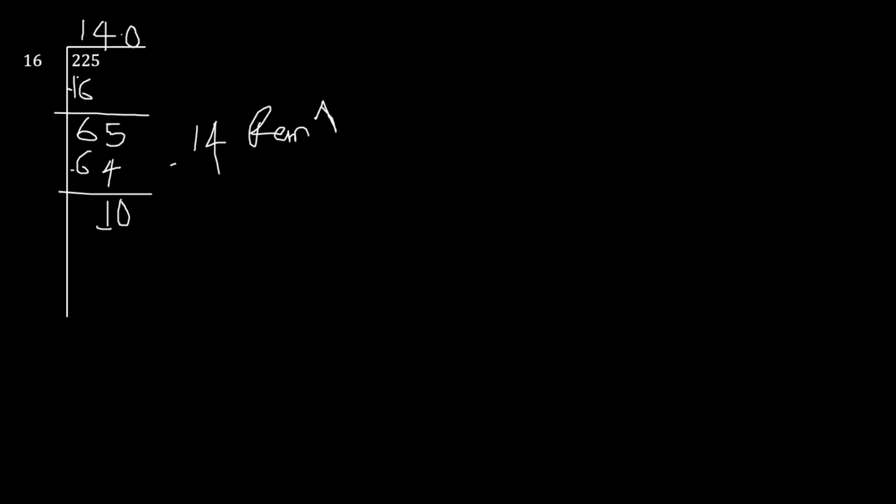We can say that we have 14 and 1. But as a fraction, we can still go further, and that's what we are trying to do here. So, what happened next?